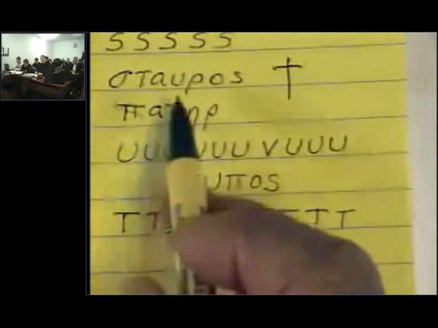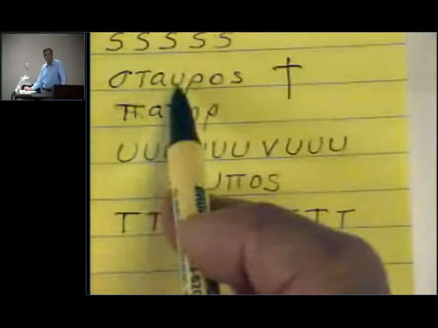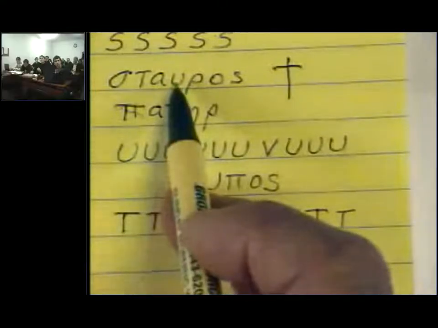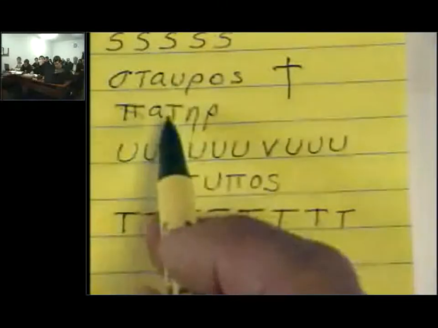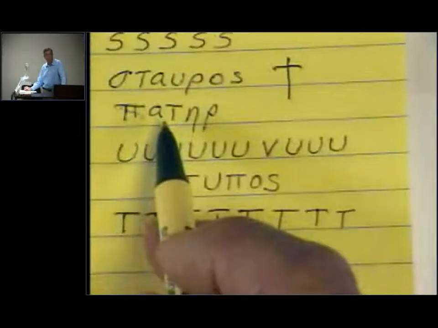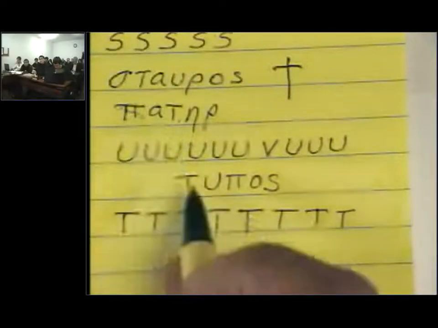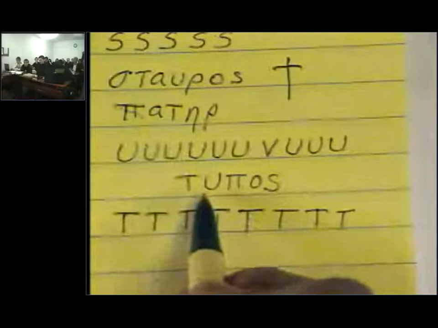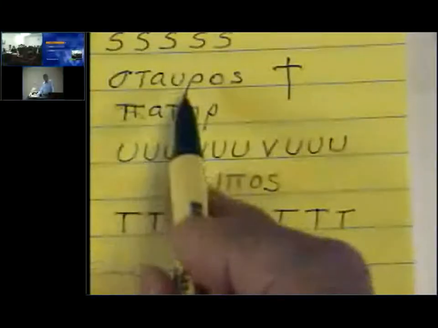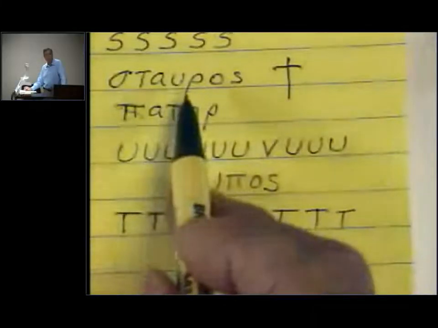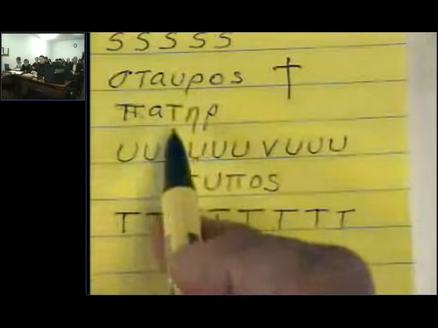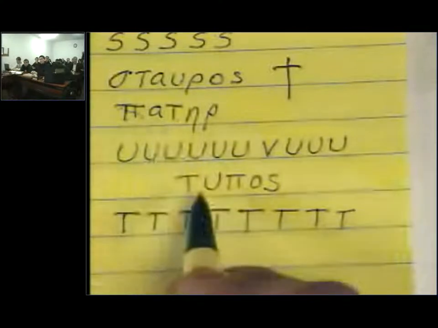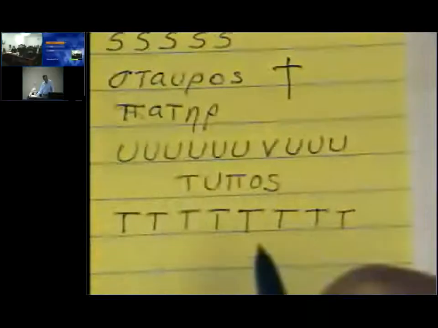So this is the cross, and this is our Father, and this is an example. Stauros. Pater. Tupos. Okay, very good.